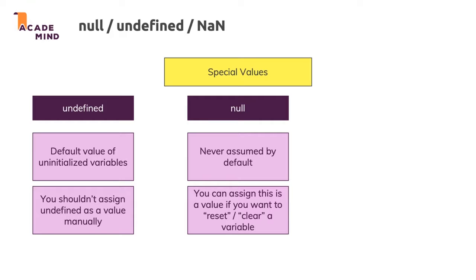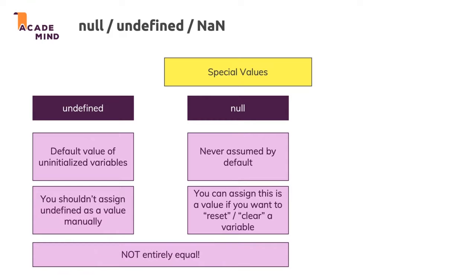And again, this is especially useful later if we can run some conditional checks with if statements to find out if a value is set and then do something, or if it's not set. So undefined and null are important to manage empty data, either because it never was set or because you want to set it to empty, to null. They're very similar, but they're not entirely equal because of the reasons I explained.